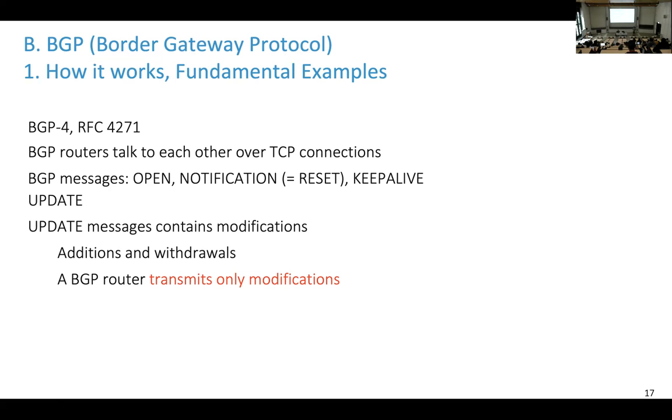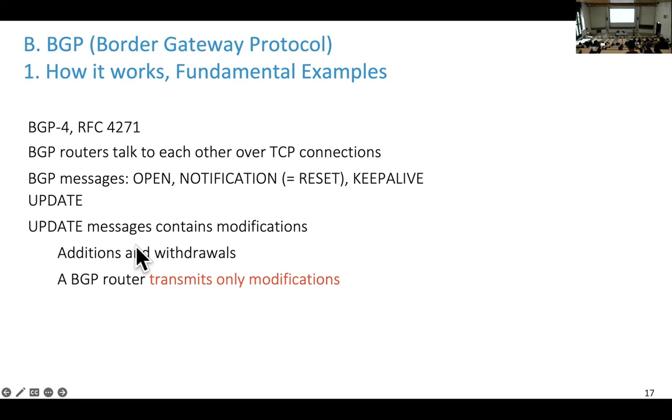If a BGP speaker does not receive a keep alive message for a while from one of its peers, it assumes that this peer is dead. The fact that the TCP connection is open doesn't mean that the other is alive, because in software you have something that hangs, but the connection is still open.